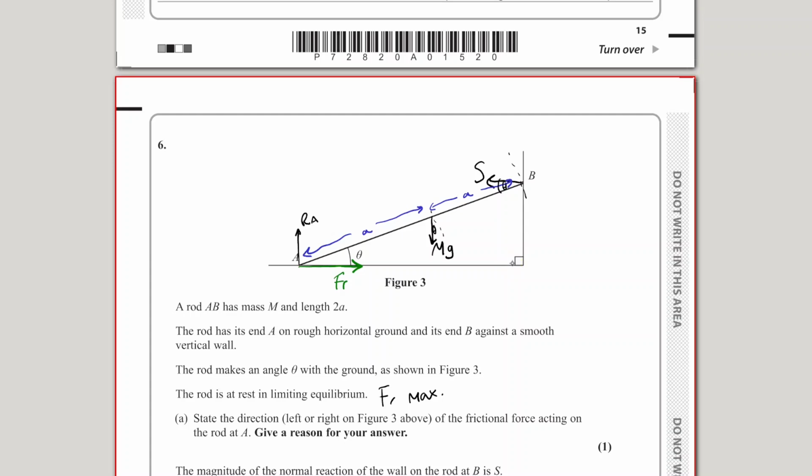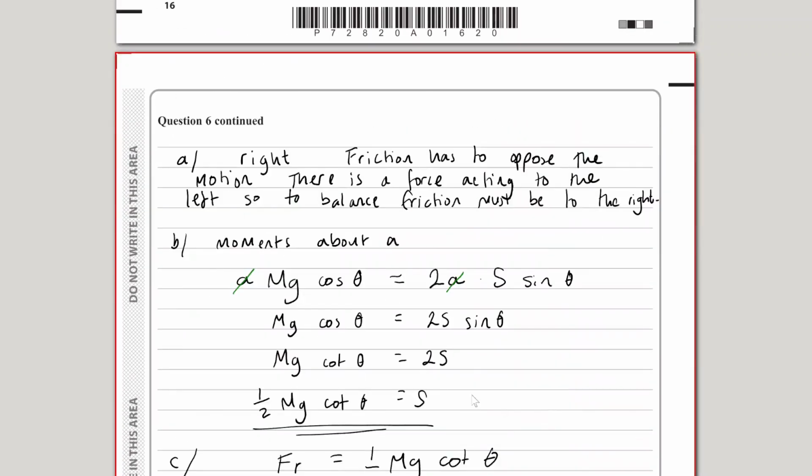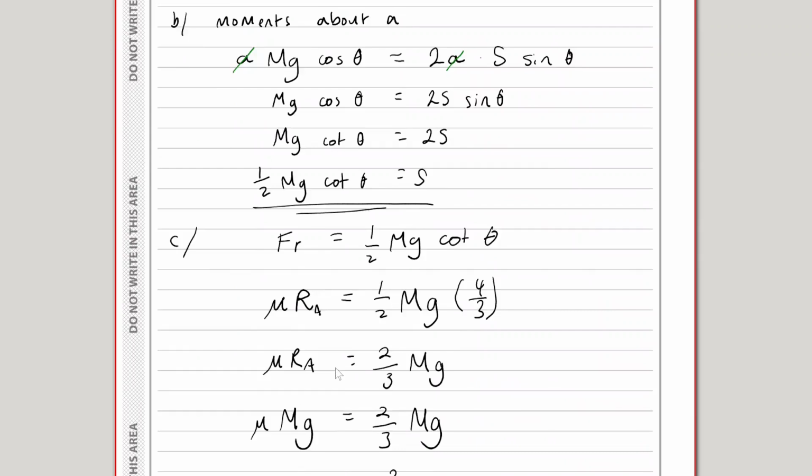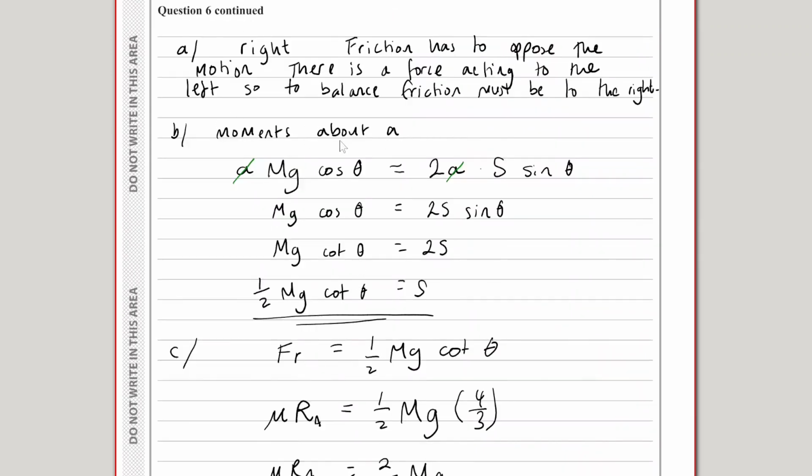And what happens? When we found S in part B, when we took moments about A, if we increased this number to make it bigger than A, we would have had a bigger answer. So if we had 1.5 A, we would have ended up with 3/4 mg cot theta.